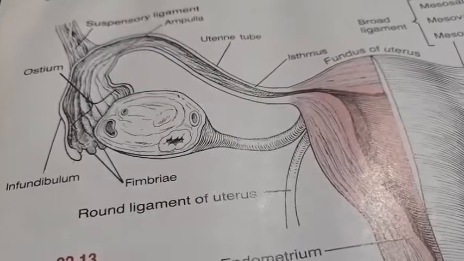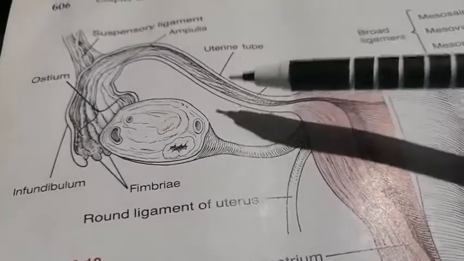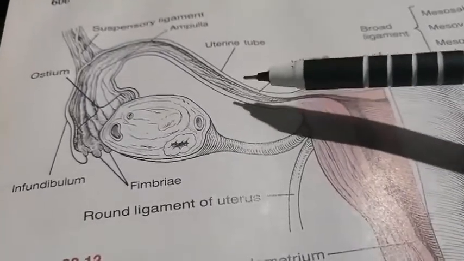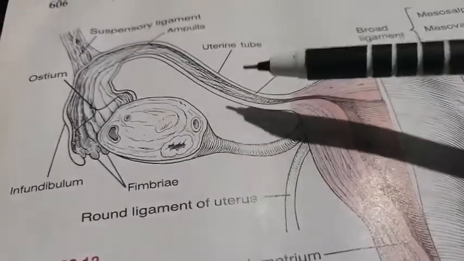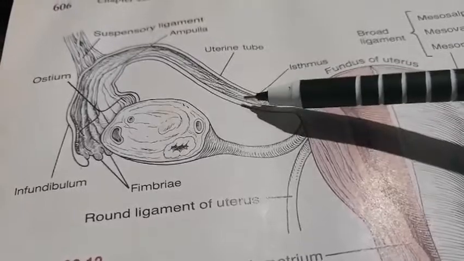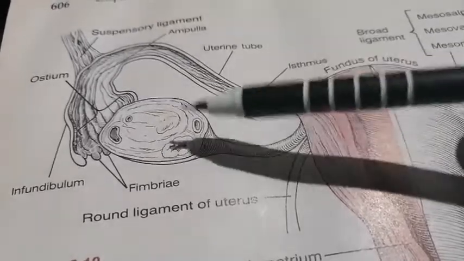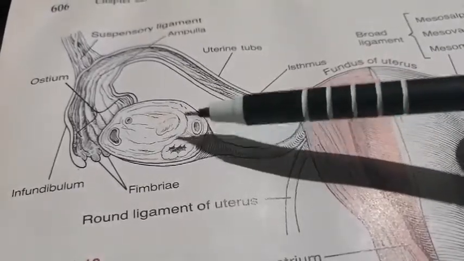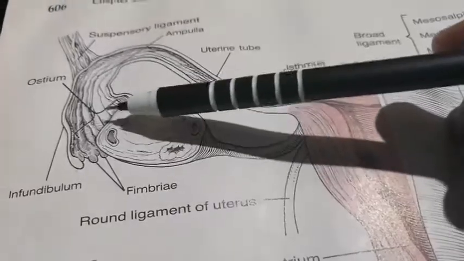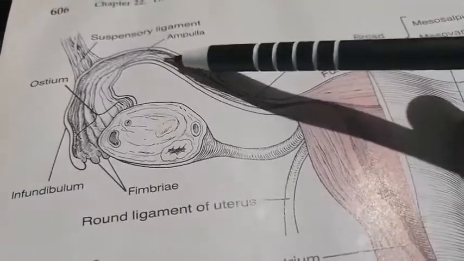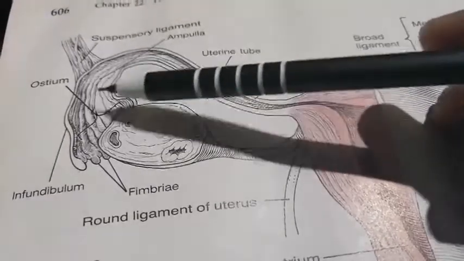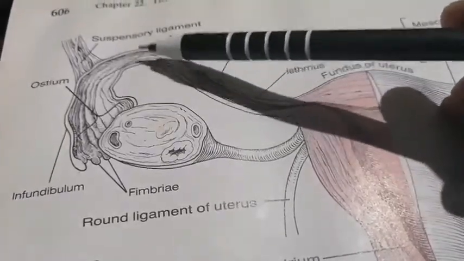And what is the major function of this uterine tube? It transports, it protects, and it nourishes your ova. And basically fertilization takes place in this region only.